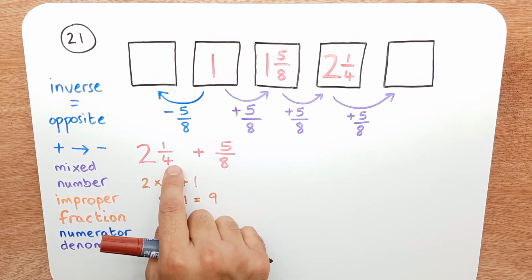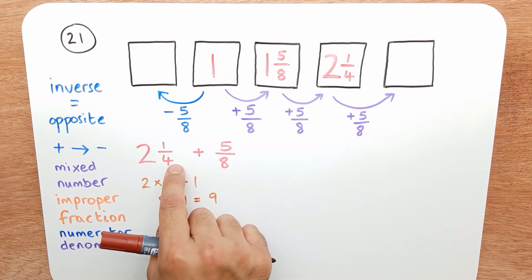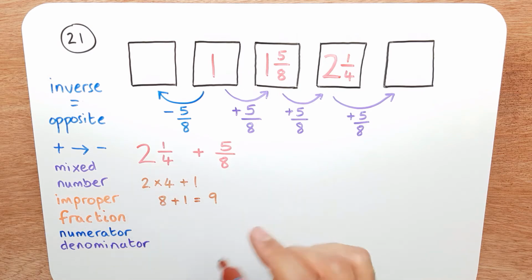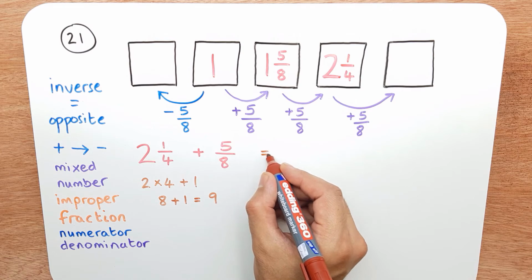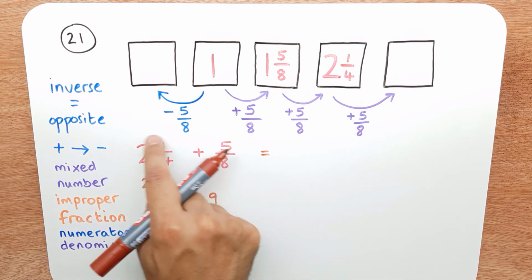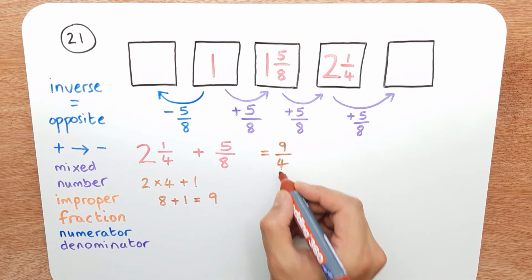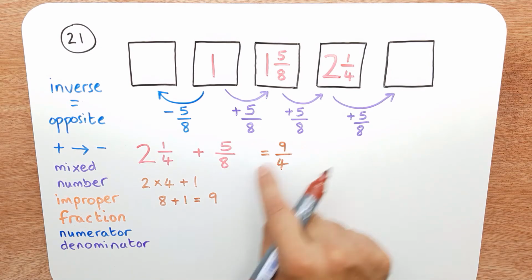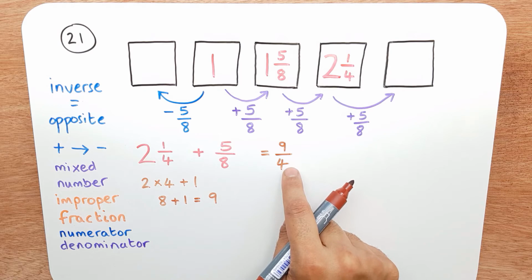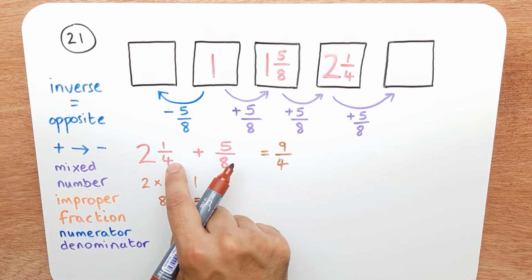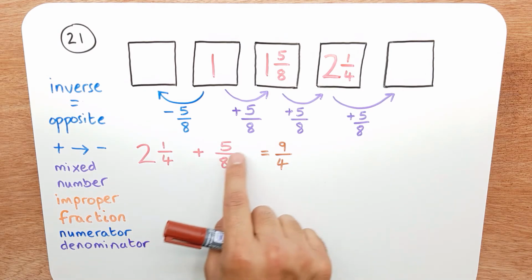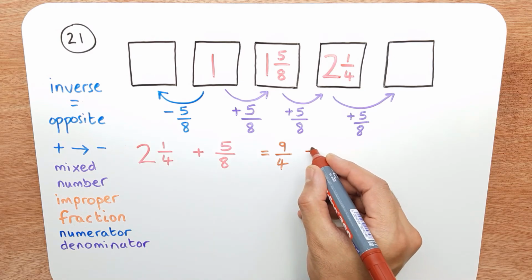And then all you do is simply write it over the bottom number there. So let me write that fraction here. So this I'm going to write as 9/4. This 9 has come from here, and this 4 has come from the denominator. Plus 5/8.